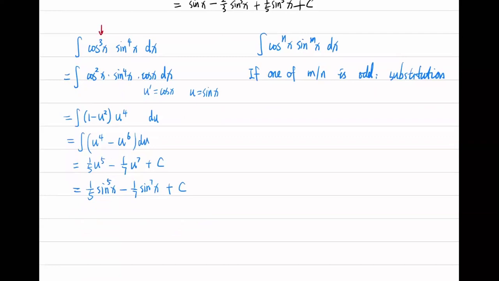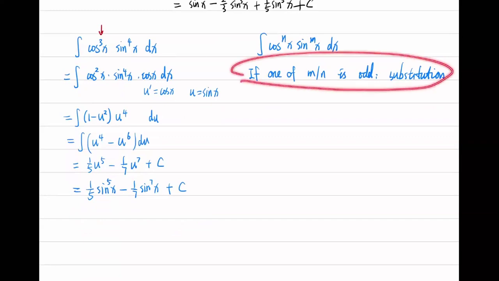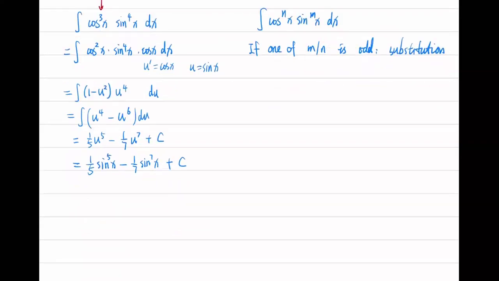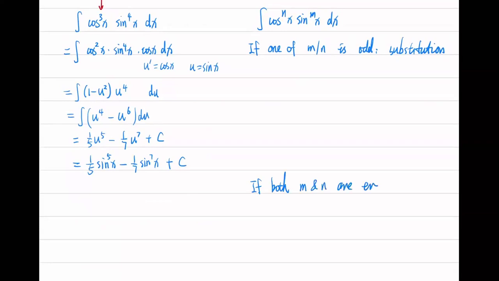And try another one. What happens if both powers are even? If both of them are even, we use this double angle formula to reduce the power.